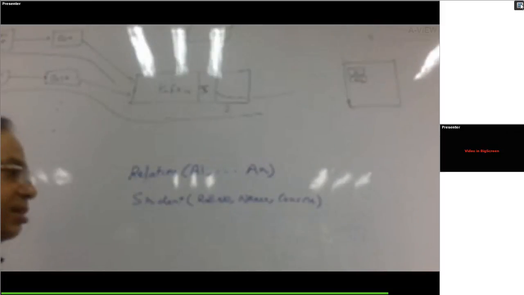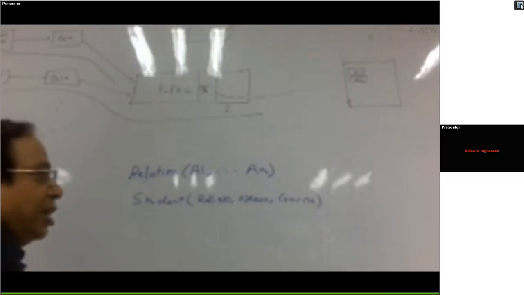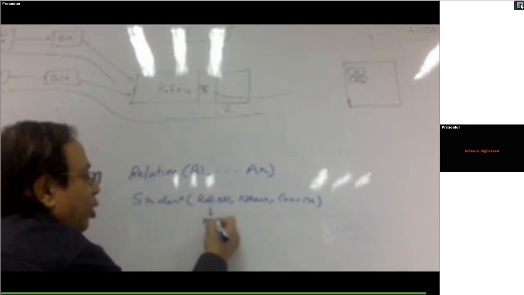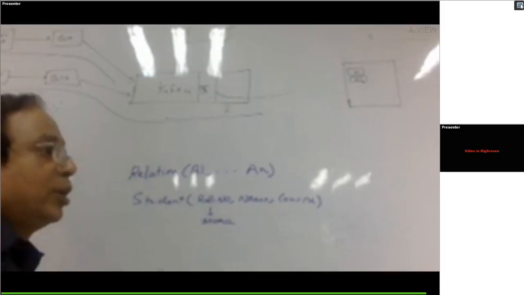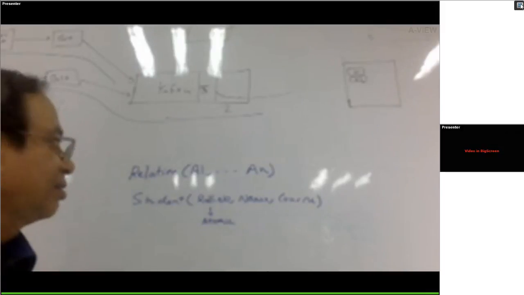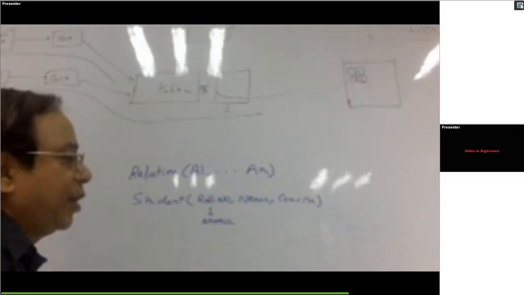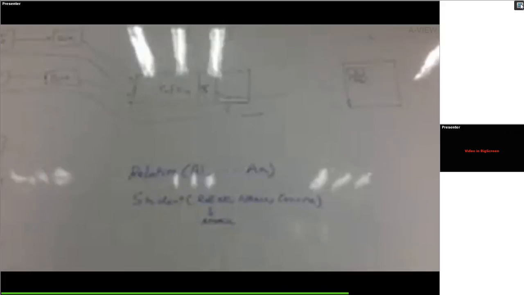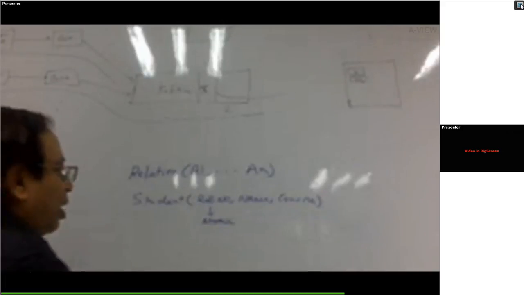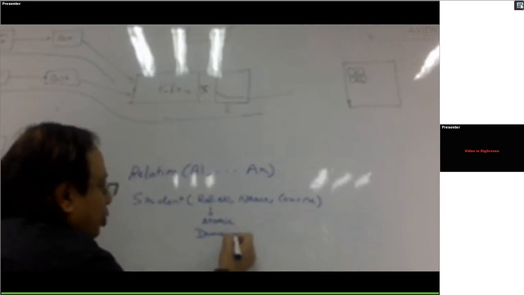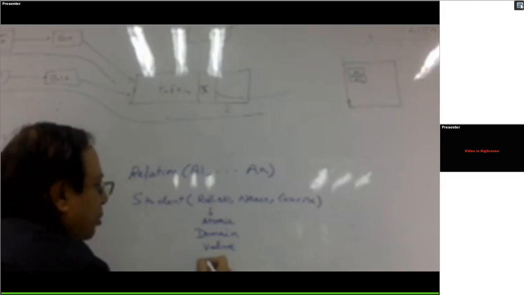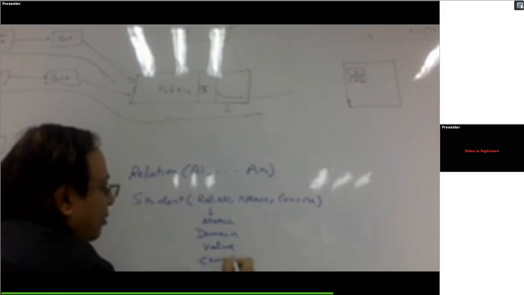The additional thing that we will assume on this relation is that each of these attributes is atomic, which means that roll number cannot be further split. Each of these is defined over a domain of values. For example, roll number is a character string, or it is an integer.